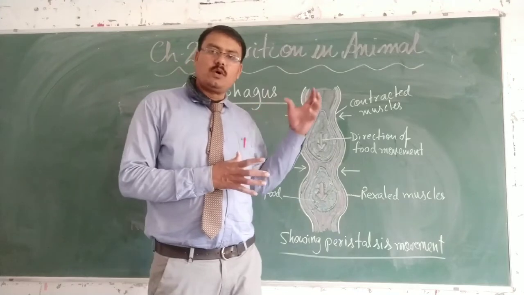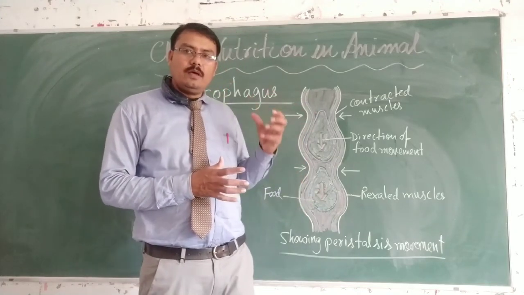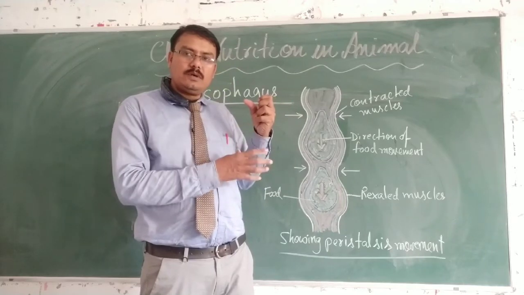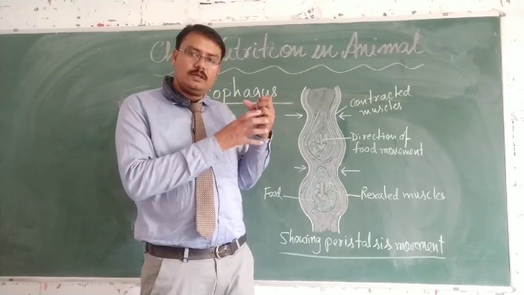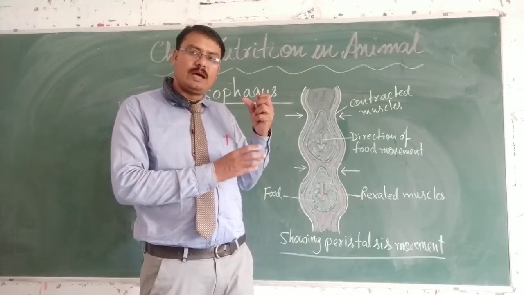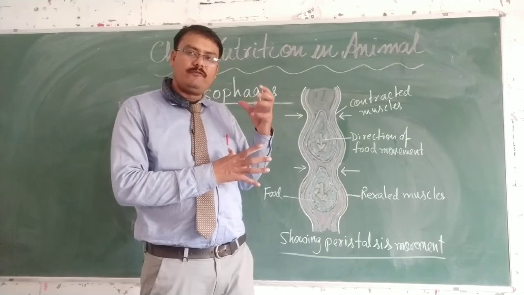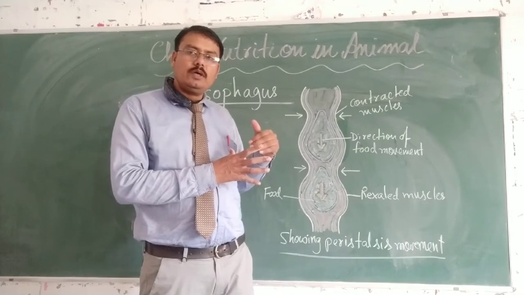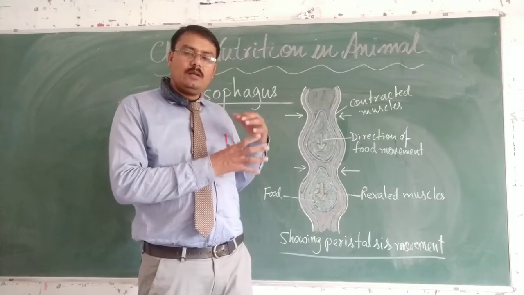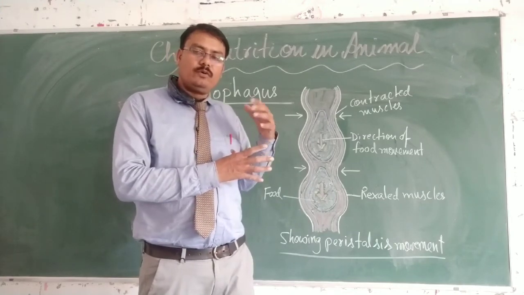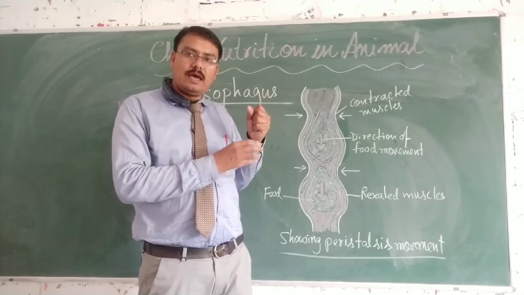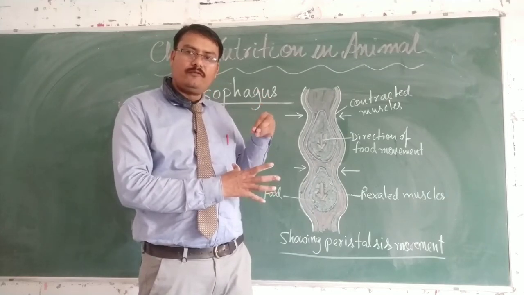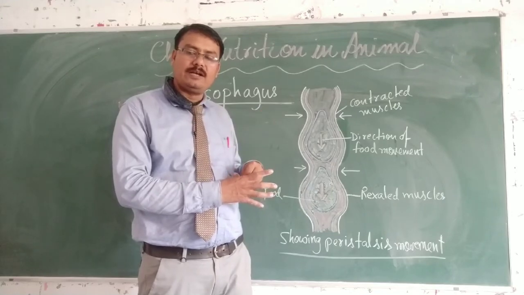Sometimes the muscles of this food pipe contract, and at the same moment one part of the food pipe expands, and the food drops towards the expanded portion. Again, above the food the pipe contracts, and below the food the pipe expands, and the food drops towards the expanded portion.